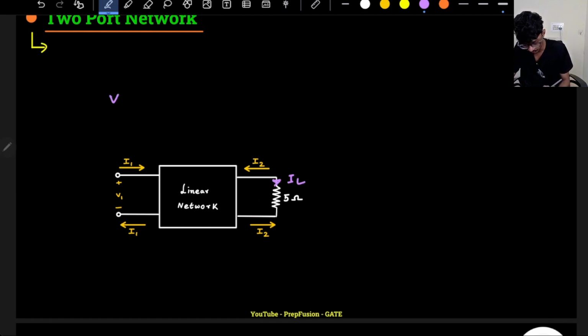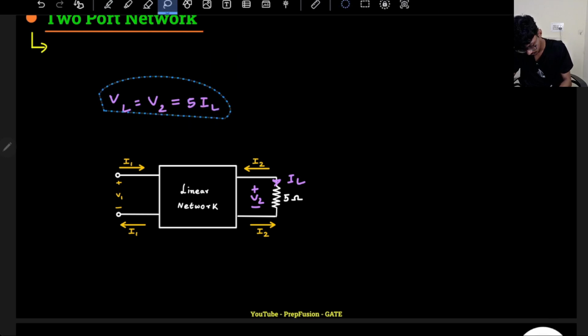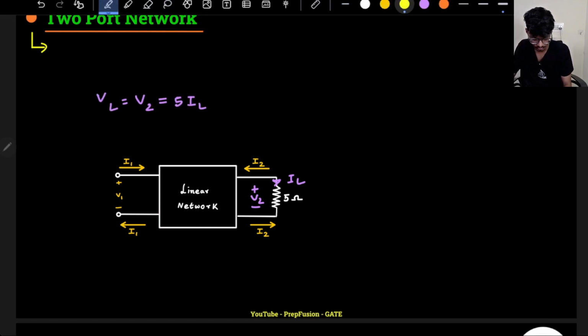So the voltage drop VL, which is my port voltage V2, equals IL into 5, that is 5 IL. So this is the port voltage basically.